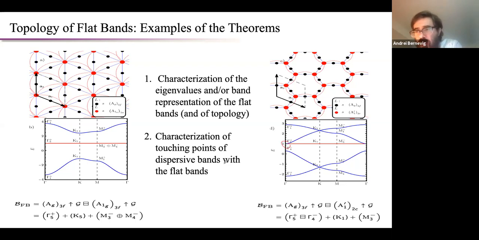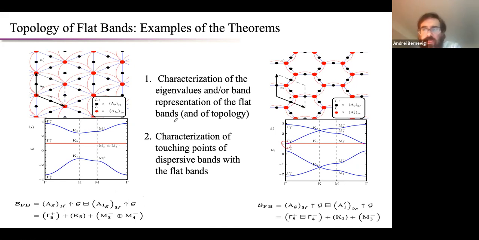But in fact, having a line graph of a bipartite lattice is a sufficient requirement, but it's not necessary. So this formalism, we claim, encompasses cases that are not picked up by the bipartite theorem, which is restricted in the sense that it's valid for line graphs, so for a subset of these lattices.